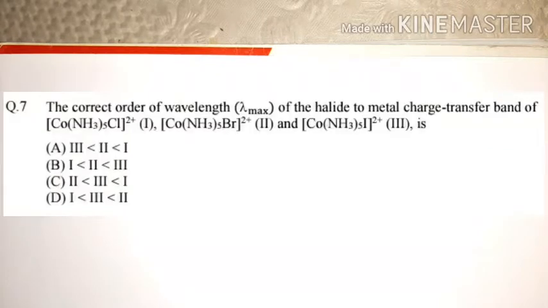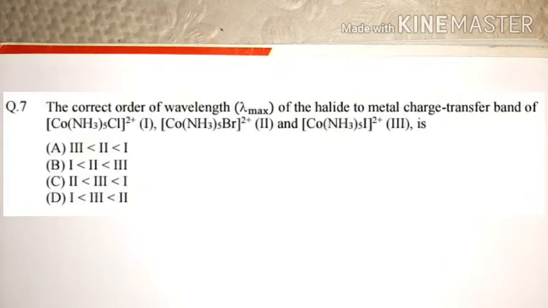Now see, this is your first question and it says: the correct order of wavelength lambda max of the halide to metal charge transfer band of, and we have three complexes in which the cobalt central atom and 5 ammonia ligands are common in all three complexes, and the difference is the halide ligand.